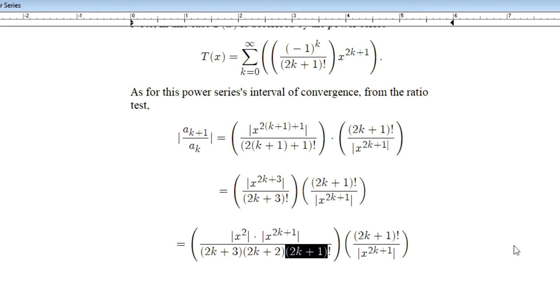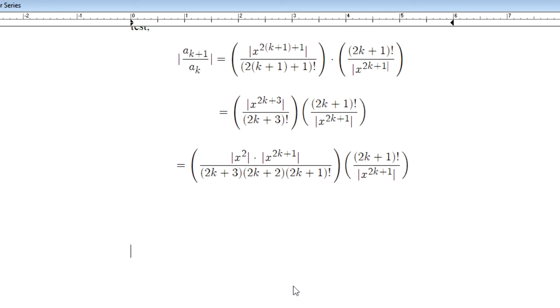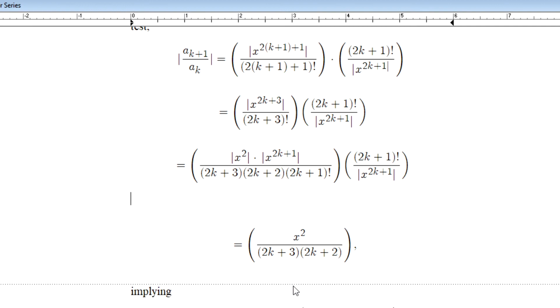And that would continue in pattern, right, all the way on down, where you could stop at 2k plus 1 and just say that that pattern continues using the factorial symbol. So 2k plus 3 factorial is really just 2k plus 3 times 2k plus 2 times 2k plus 1 factorial, where that's convenient to write because that will now cancel with this 2k plus 1 factorial. Right? And if those quantities cancel away as indicated, we will be left with this statement here.